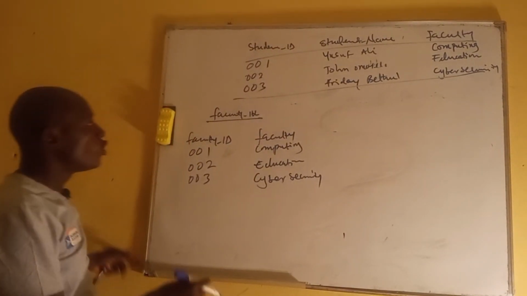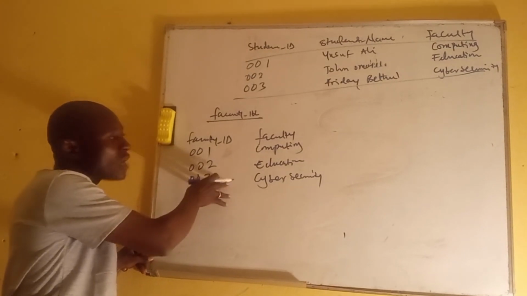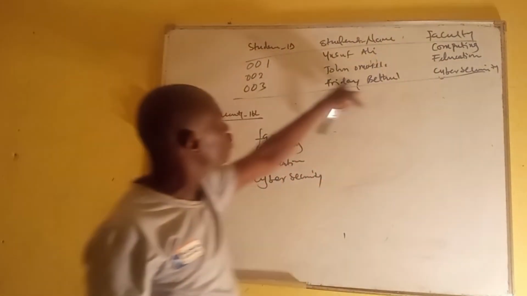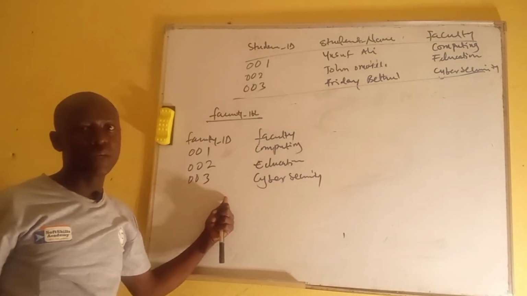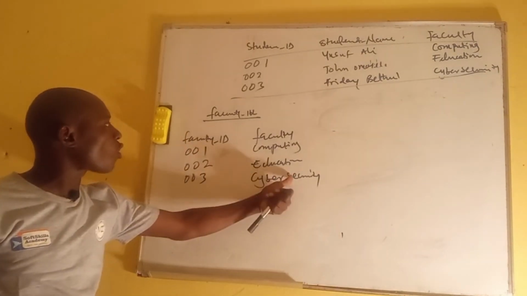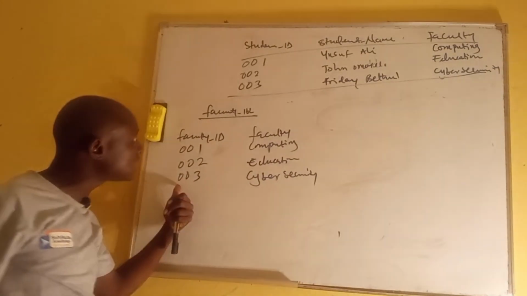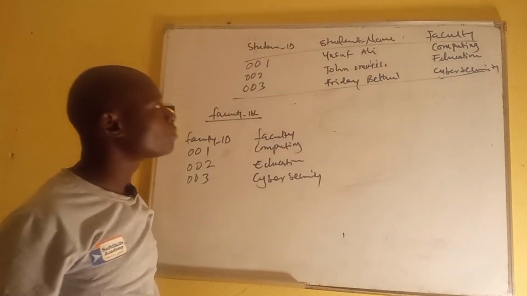So now we try to create a scenario where we should not have a partial dependency, that this computing does not only depend on students. We end up creating another table called faculty. Likewise, this faculty does not only depend on this faculty table, it also depends on the student table.